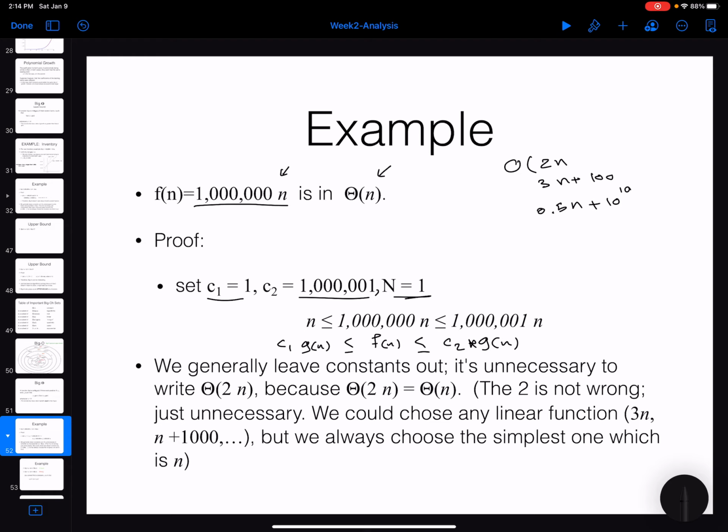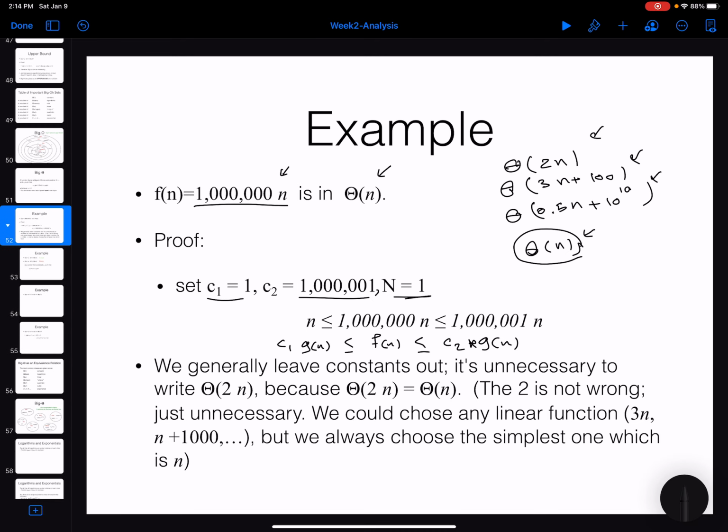And in math, we write all of these with theta, not O, in just the simplest form. We write it as theta of n, and we say that all of these functions have the same growth ratio as n, and n is basically the representative of this set.